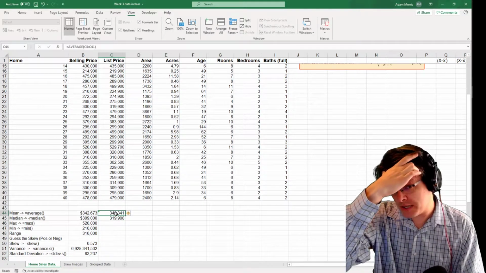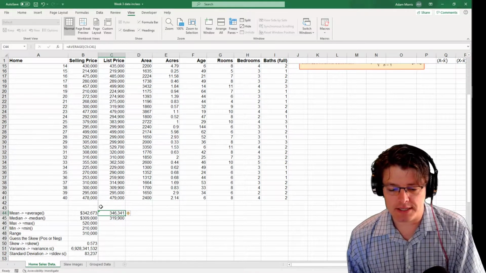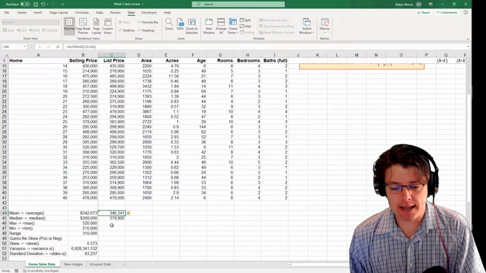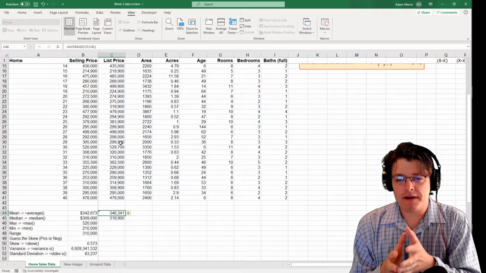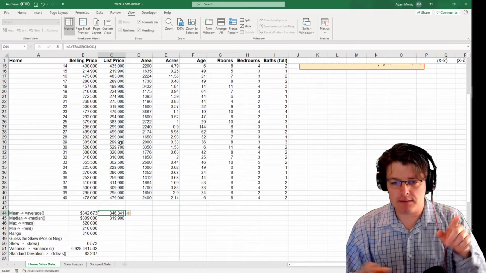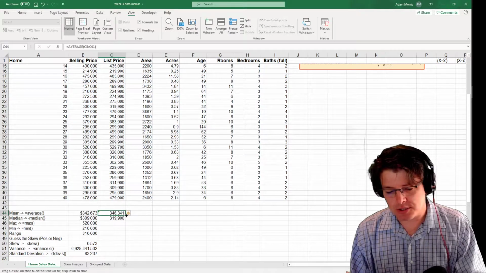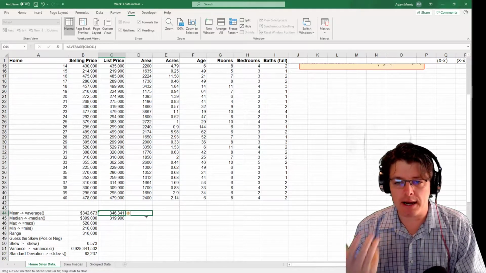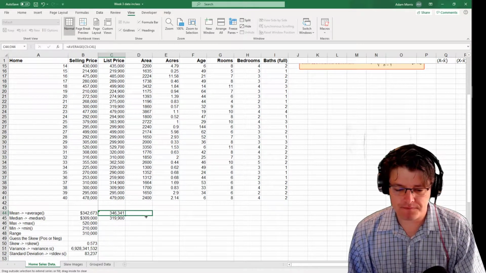One of those that hopefully we're picking up on is that we can drag cells in Excel. So I have average of C5 to C41. If I drag this to the right, it's going to update it for me and take the average of the column above it.